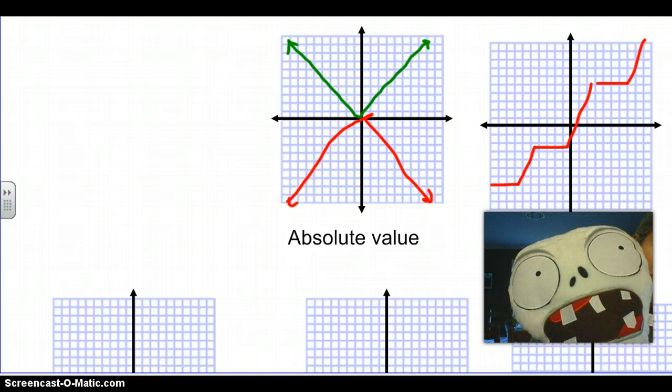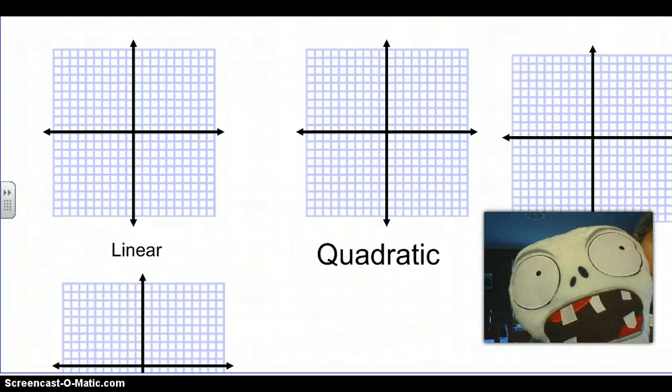Okay. You're also going to have to draw an example of a linear function. So again, that should be pretty straightforward. There's only one line that you can't draw that's not a function, and that would be a vertical line. If you drew this, you would be wrong because that does not pass our vertical line test.